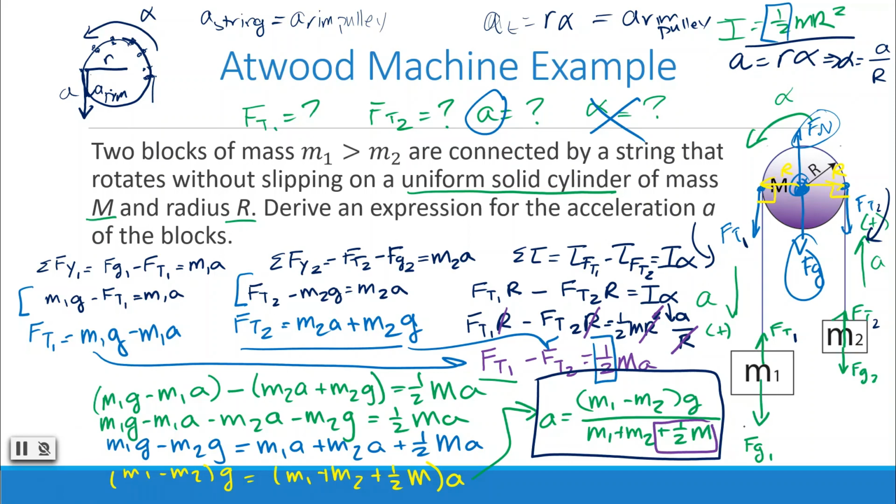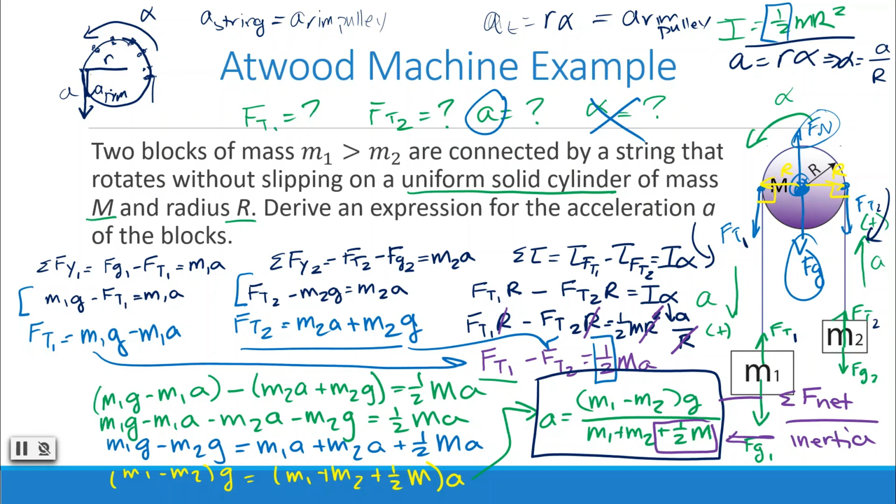But you can see that that term is in the denominator, so it's contributing to the overall inertia, because the top of this is the net force, and the bottom of this is inertia, because acceleration is net force over inertia. So the rotational inertia is adding into the denominator. So our acceleration, including the pulley, is going to be smaller than if the pulley had been massless and frictionless.